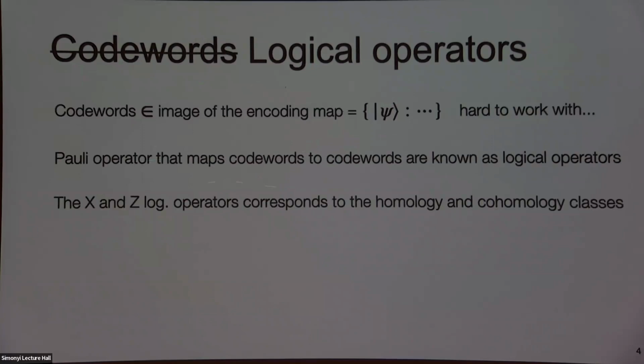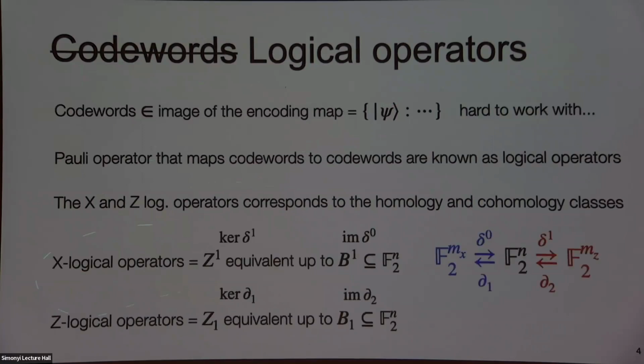It turns out they correspond exactly to the homology and cohomology classes of your chain complex. More explicitly, the X logical operators are elements inside Z1, and they're equivalent up to B1. Z1 and B1 are the kernel and image of your delta maps. Both of these are vector spaces inside F2^n.